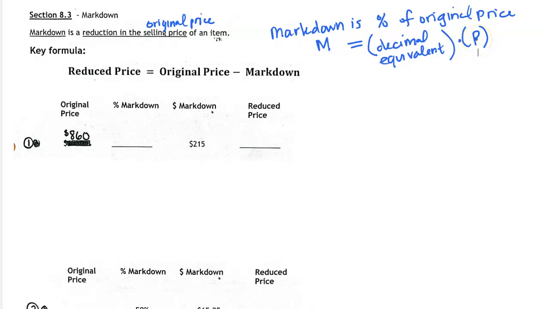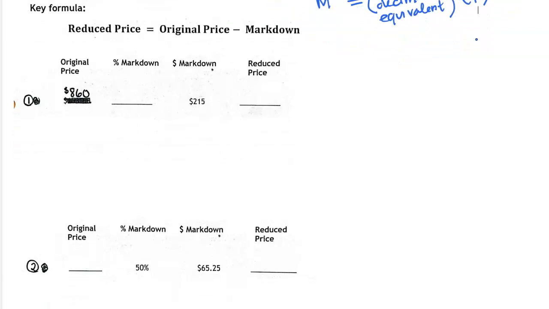Let's go ahead and talk about a few questions. Question 1 starts out with the original price of $860. We want to find the percent markdown and the reduced price. I'm going to go right here to reduced price. Think of reduced price like the sale price.